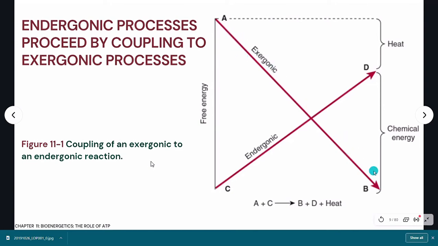An endergonic reaction is an uphill reaction. So this is the analogy. Now, exergonic reaction, just like going downhill, you don't need energy. Just go that way.